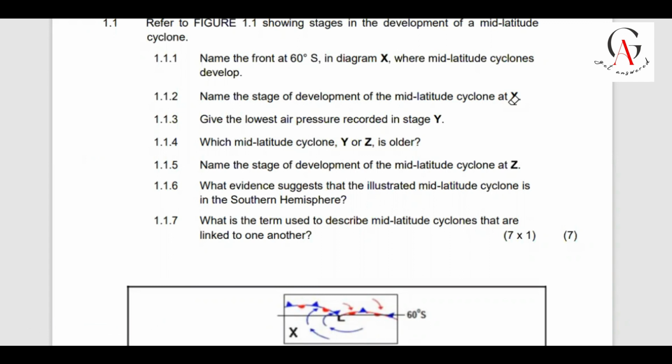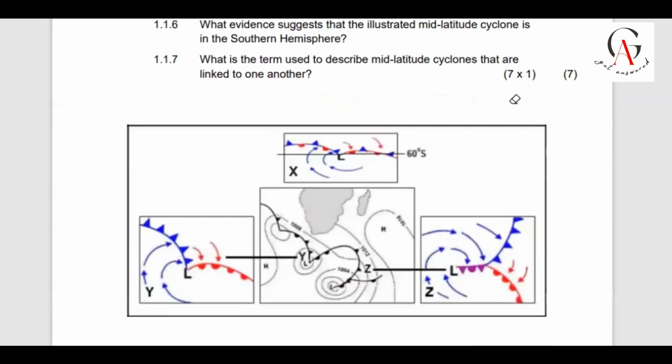We'll be looking at question 1.1, which says, for the figure 1.1 showing stages in the development of a mid-latitude cyclone. So let us first familiarize ourselves with the mid-latitude cyclone.